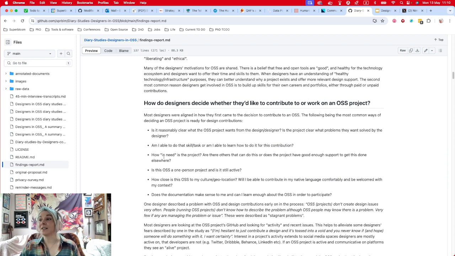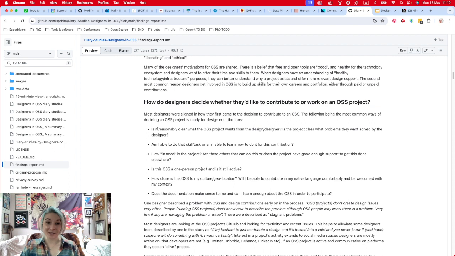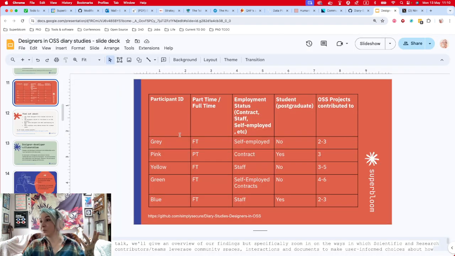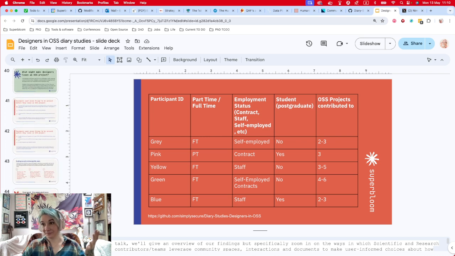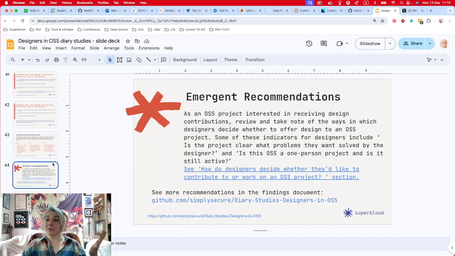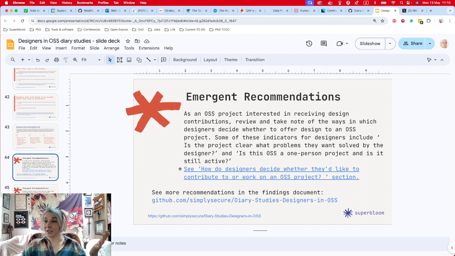I find this set of questions really fascinating. What we tend to do in Superbloom, when we do some kind of research, is make sure that we not only report on what we found in a long form text way, but we also distill what we found into recommendations.